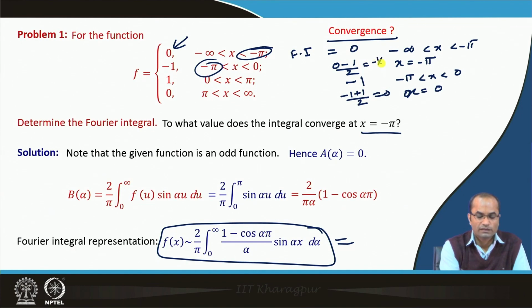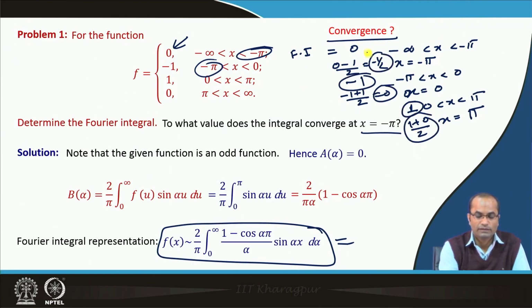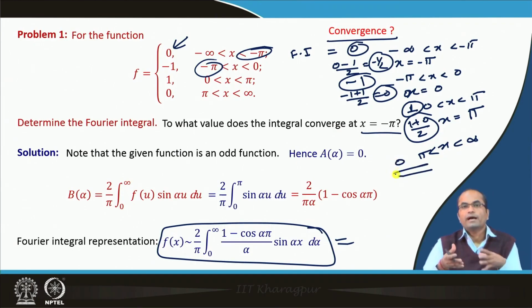Here it was minus half, and then from 0 to pi, it will converge to 1, and then at x equal to pi, it will converge to 1 plus 0 by 2. So, here it is 1, here it is 0, minus 1, minus half and 0, and then when x is greater than pi, it will converge to 0. So, we have convergence at all points here.